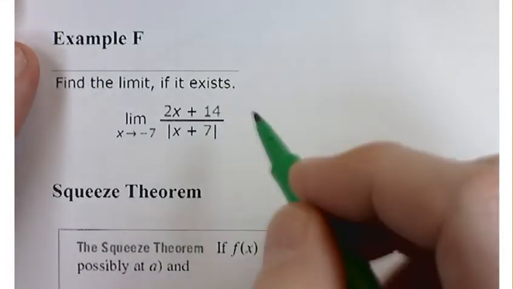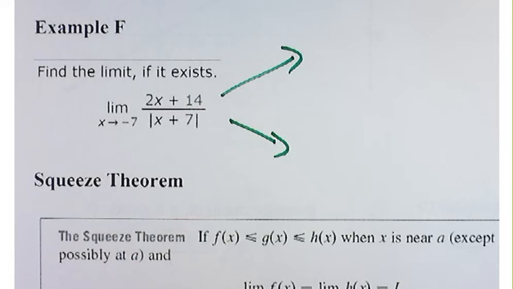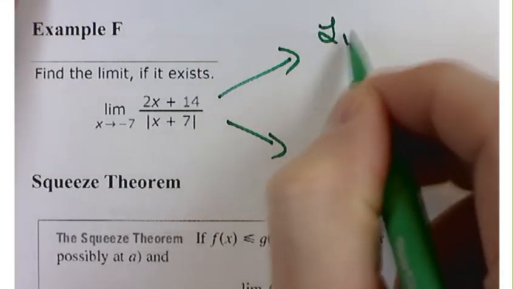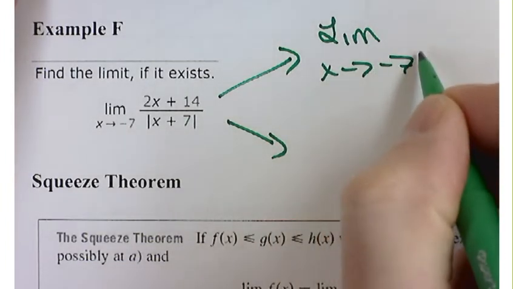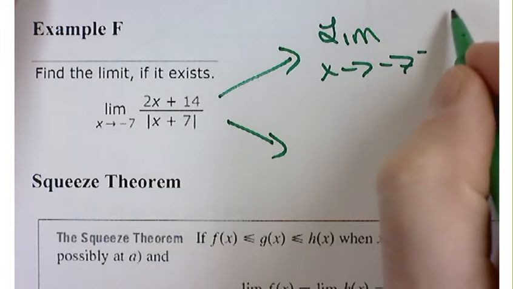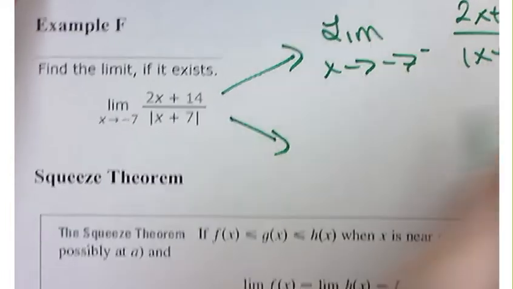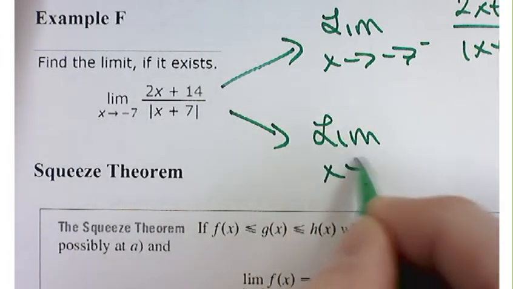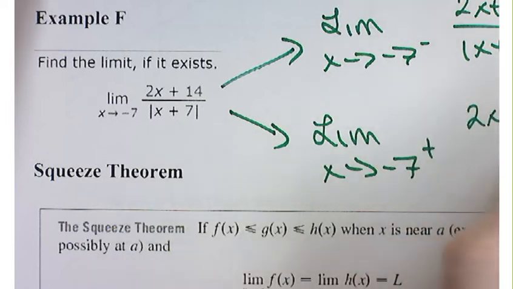Now, in looking at this, if I give you a problem on the test like this, what you really need to do is look at the limit as x approaches negative 7 from the left of 2x plus 14 over the absolute value of x plus 7, and the limit as x approaches negative 7 from the right of 2x plus 14 over the absolute value of x plus 7.